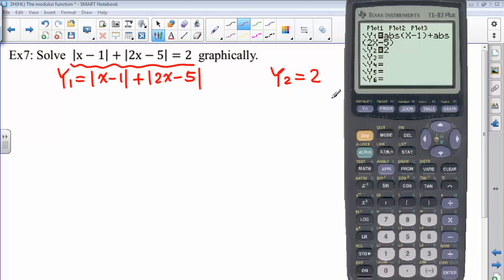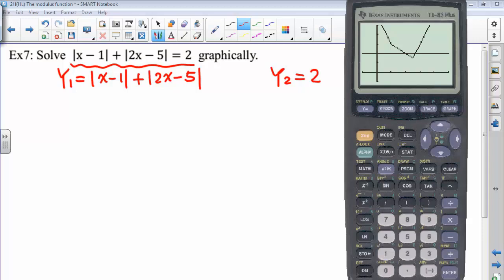In this case, the window setting I set up was x minimum -1, x maximum 5, y minimum -1, y maximum 5. Then I graph these two functions. You can see these 2 points of intersection clearly.